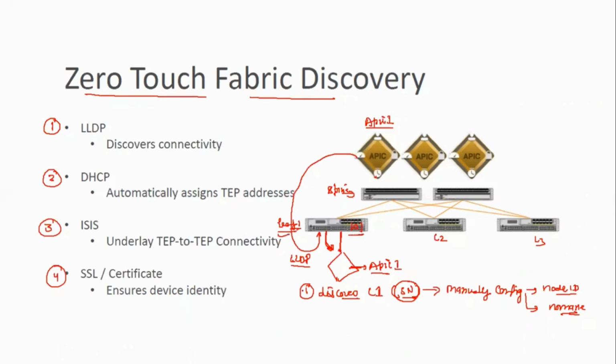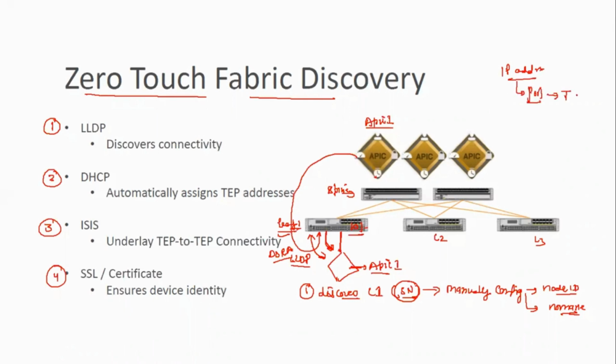As soon as you do that, a DHCP DORA process happens between them. What do you mean by DHCP processing? It means all the leaves and spines will get an IP address from a pool.